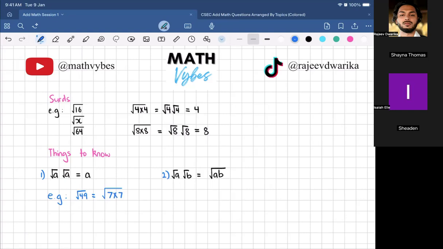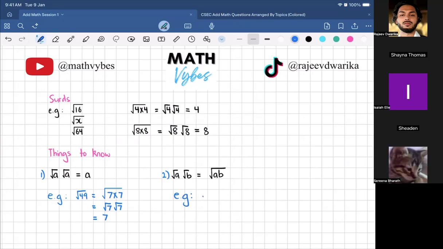According to the rules we've learned thus far, anytime you have a product inside of a surd, you could break it up into smaller surds. So I could break this up into root 7 by root 7. And according to this rule, anytime you have the two same surds multiplying by each other, we get rid of the surd. And so my final answer is just 7.